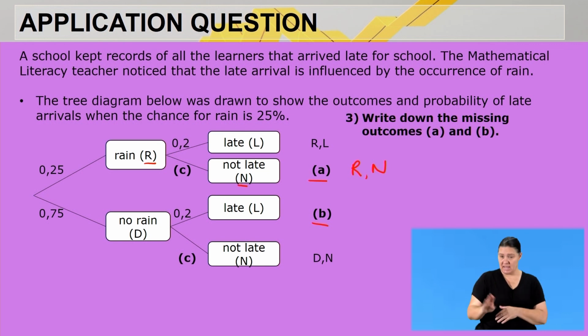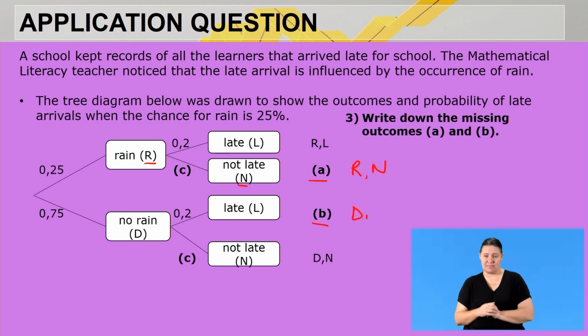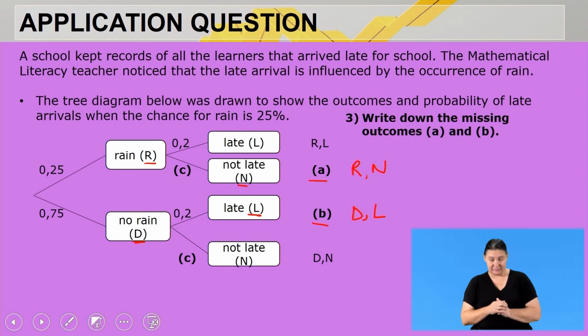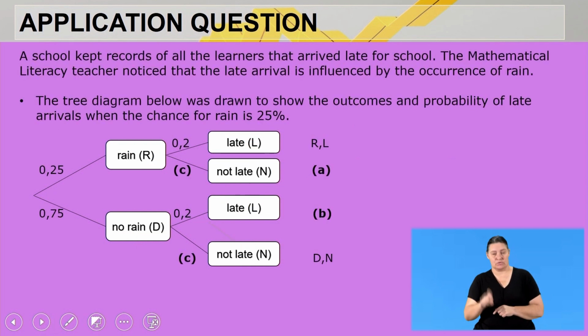Then for B, right, here it will be no rain, which is represented by D, and late. Okay, so therefore I will go and say that will be D, L. Okay, so it's this D and L. It's that branch that we are working with. Okay, I hope that is all clear to you. Let's now move on to our next question.